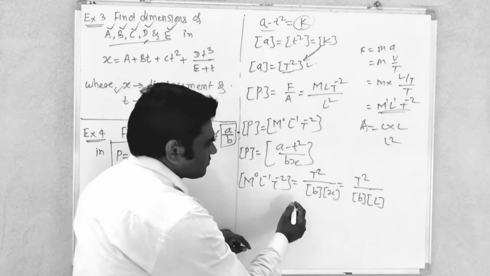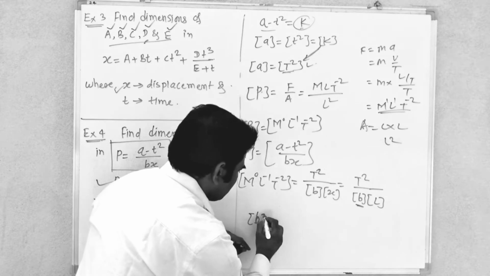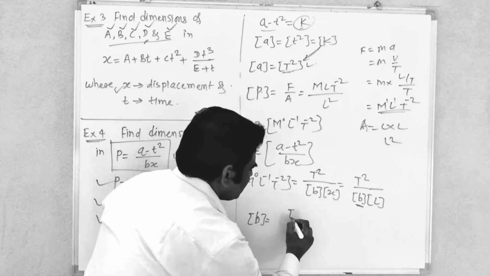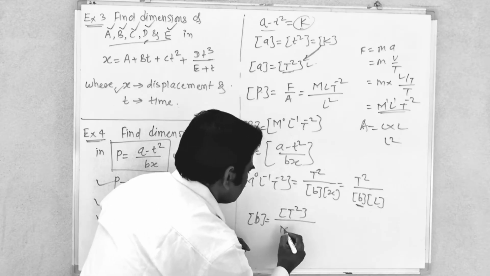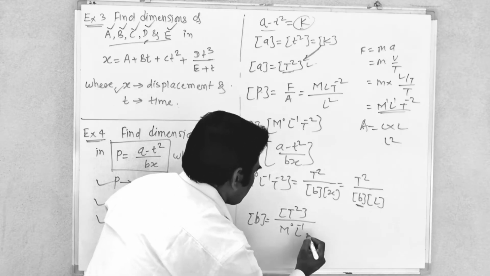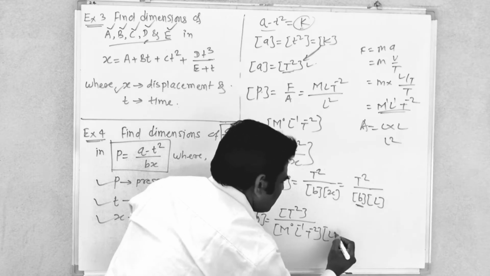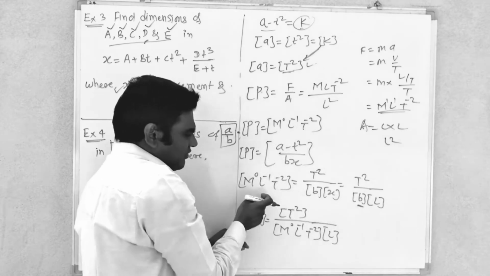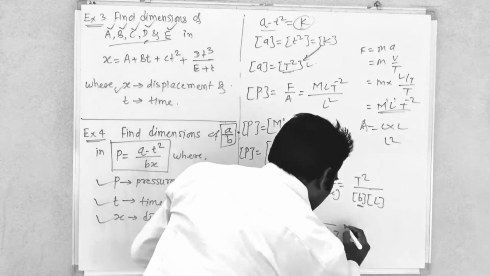Okay. So we want B. The dimension of B is equal to this T square divided by this M0 L to the power minus 1 T to the power minus 2 into this L. This B will come here, this will go at the place of B, remaining is as it is. So simplify this.